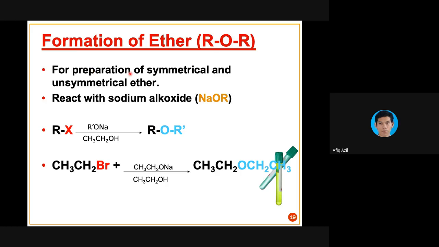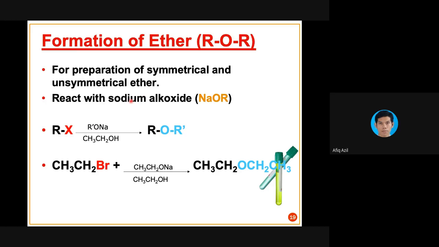So for preparation of unsymmetrical and symmetrical ether, you can use alkyl halide to prepare ether. So this is the general reaction pathway in which you have RX plus sodium alkoxide.